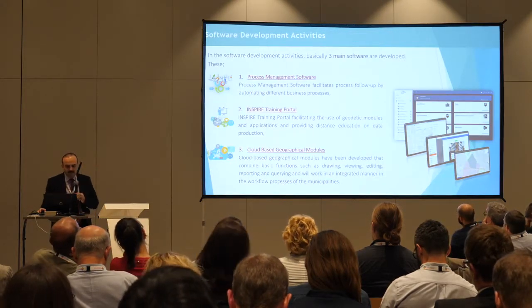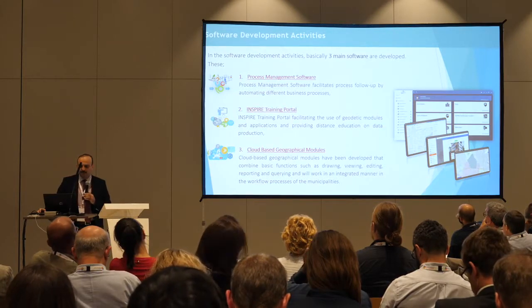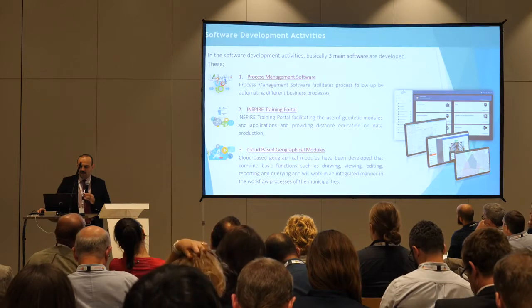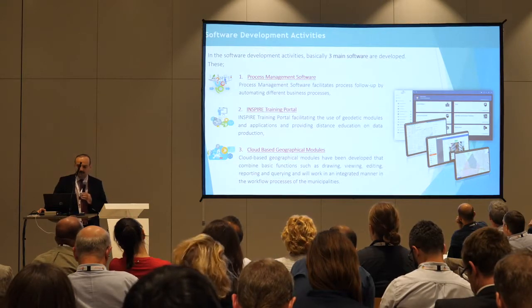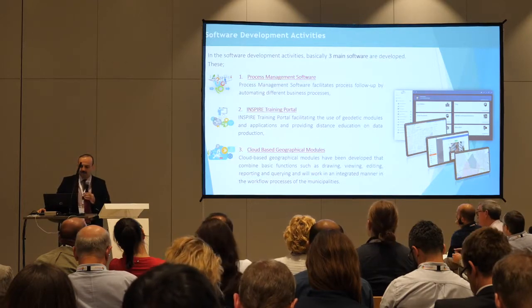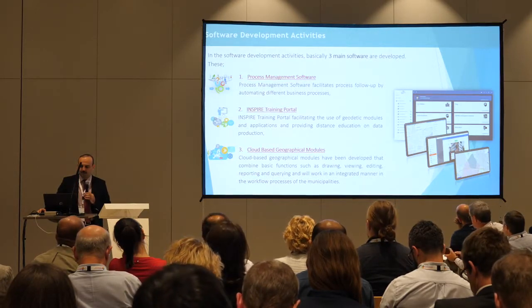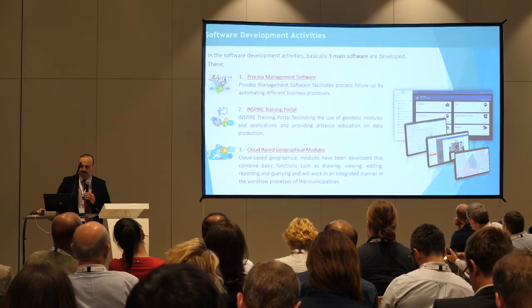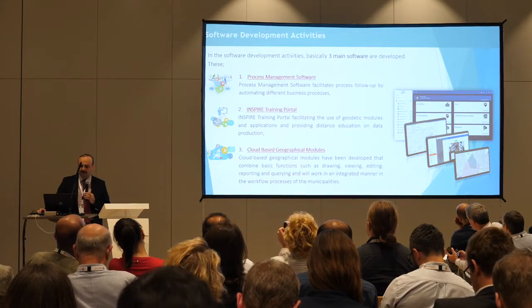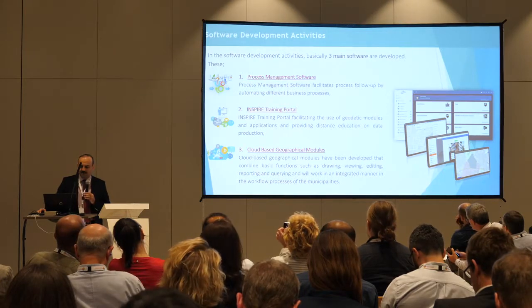Basically, three main software were developed: process management, INSPIRE training portal, and cloud-based geographical modules. Geospatial software modules are developed by joining main functions such as drawing, viewing, editing, reporting, and sharing with municipal workflow processes.